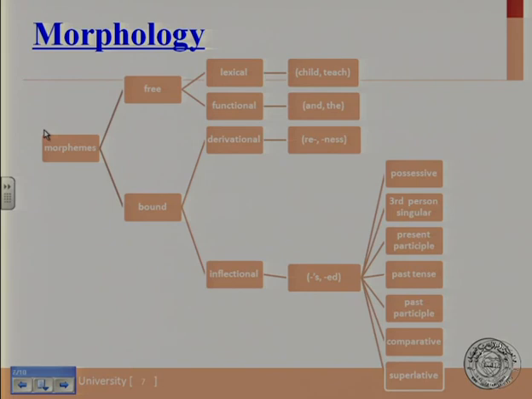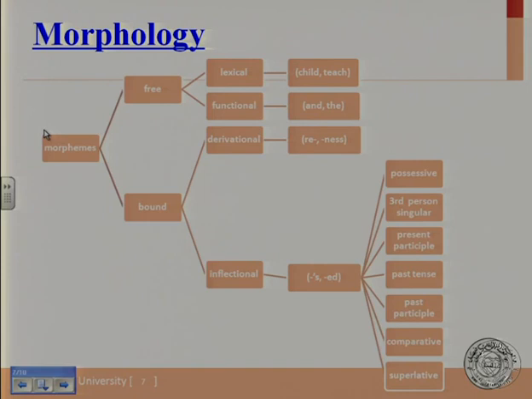Remember this. This diagram shows you the summary for morphemes. Now as I said, we have 2 types of morphemes. We have free morphemes and bound morphemes. Now the free morpheme is divided into lexical and functional.